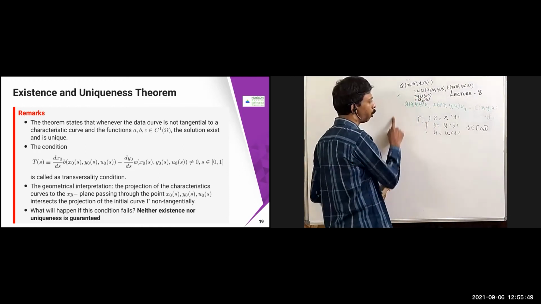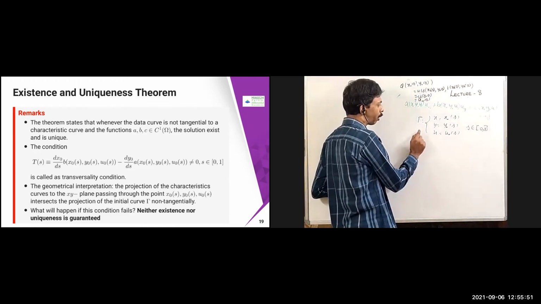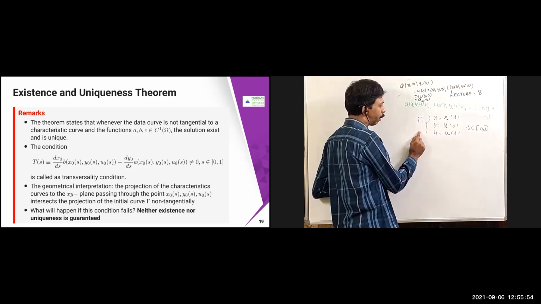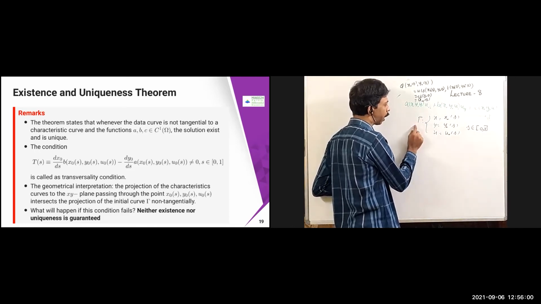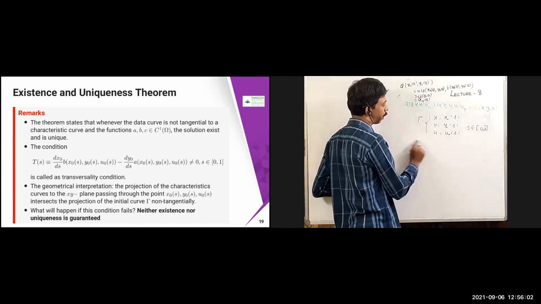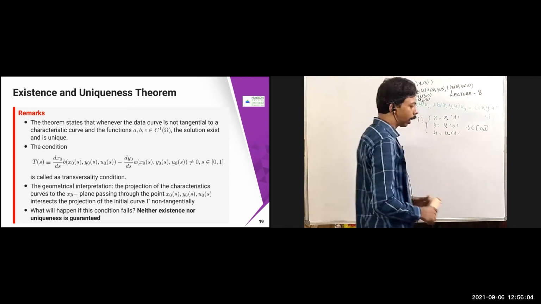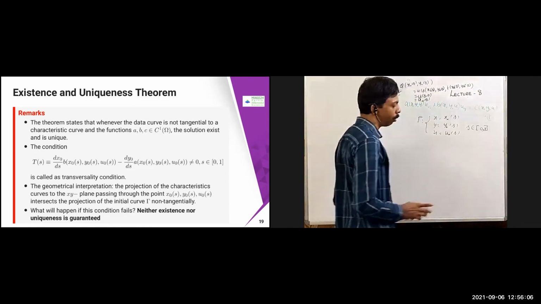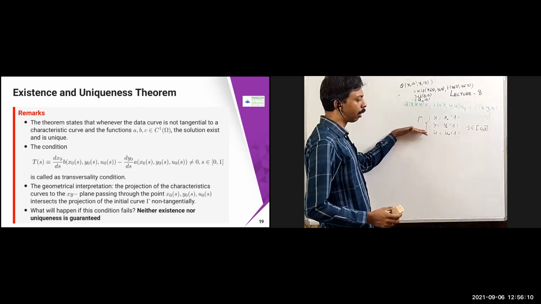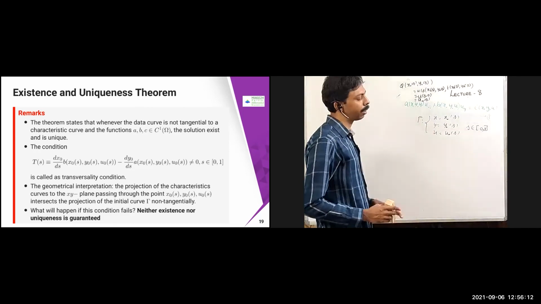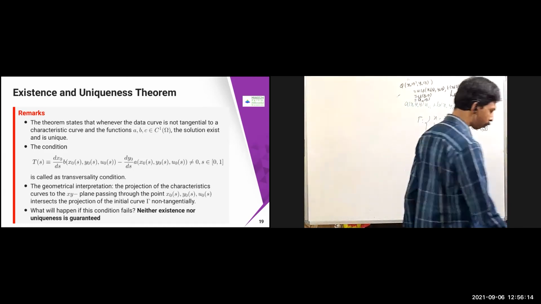So its uniqueness is that the projection of this characteristic curve in the xy plane intersects the projection of the initial curve non-tangentially. If it is intersecting tangentially, automatically the transversality condition is going to be 0. Otherwise, it is not going to be.